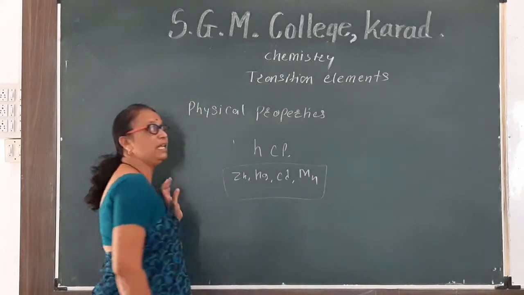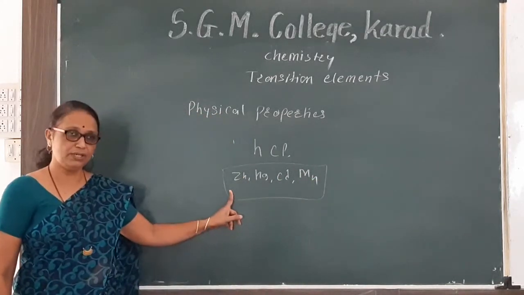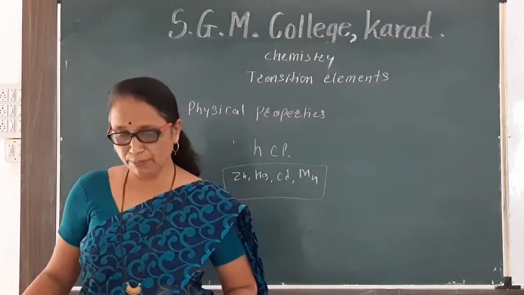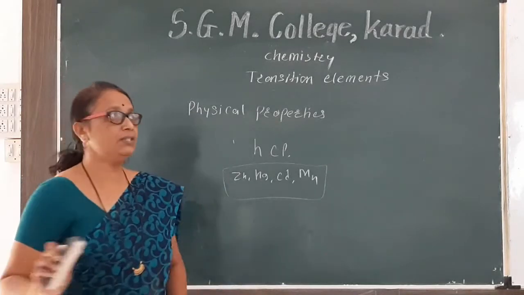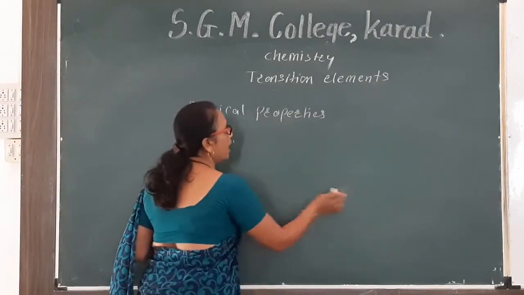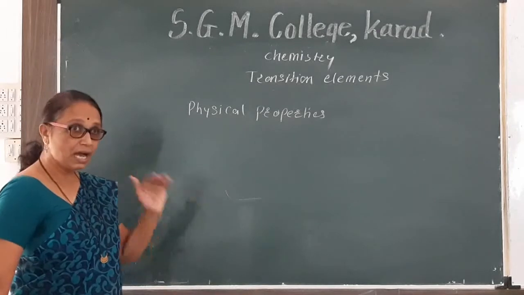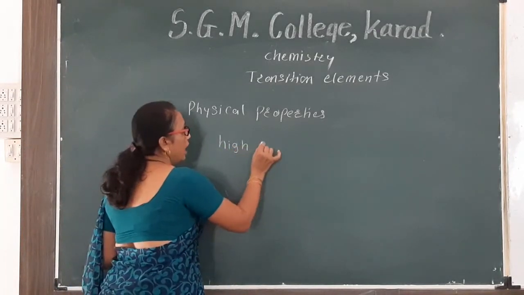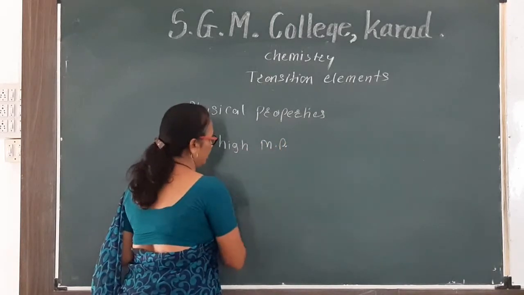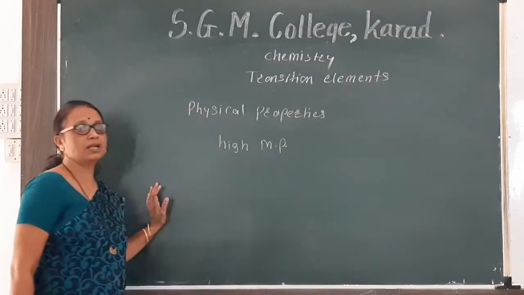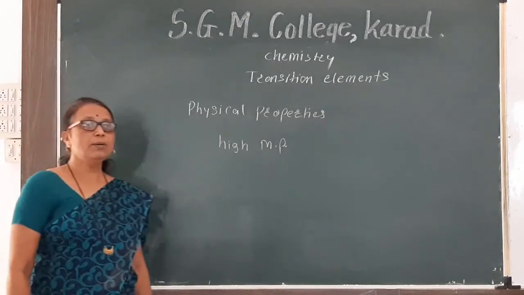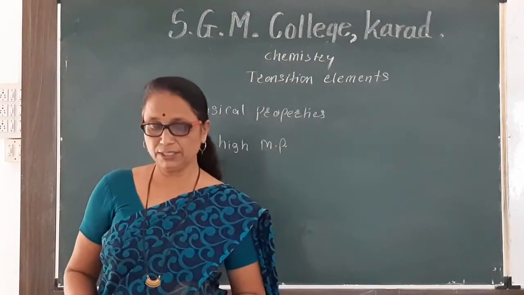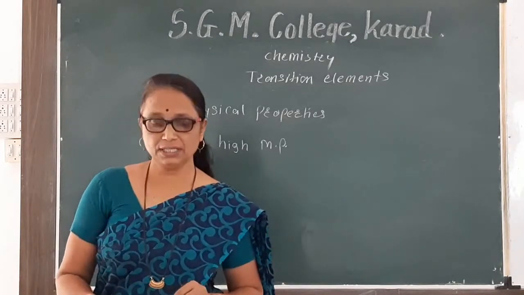Except these four elements, all other transition metals have characteristic metallic structures. As these metals are hard and heavy, they have high melting points. These are the physical properties of the transition metals. Melting point we will discuss again later.